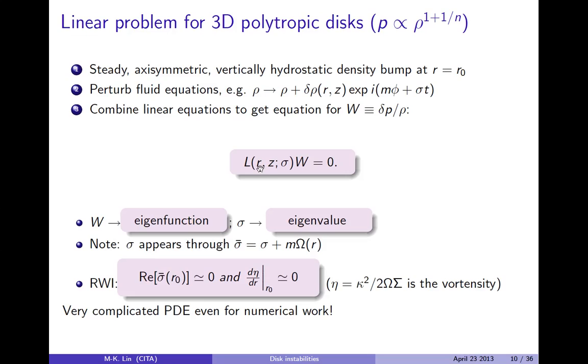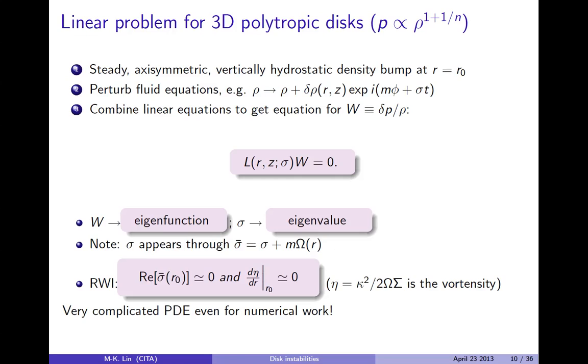The operator L depends on both the cylindrical radius and the vertical height. It also depends on sigma, this eigenvalue of the problem, which determines the time evolution of the perturbation. Now, in the linear operator, sigma only appears through this quantity sigma bar, which we will call the intrinsic frequency of the mode.